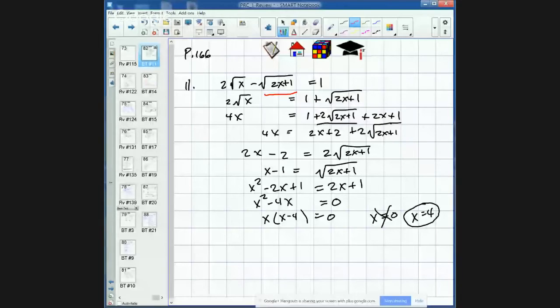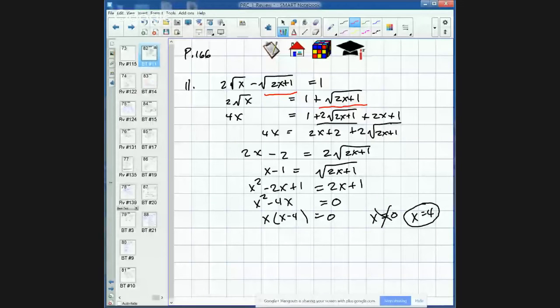All right. Then square both sides. Left side, nice and easy. When you square the 2, you get 4. When you square the square root of x, you get x. The right side, we've got a binomial square, 1 plus the square root of 2x. So I square the first term, 1.